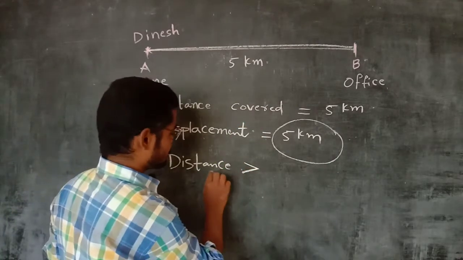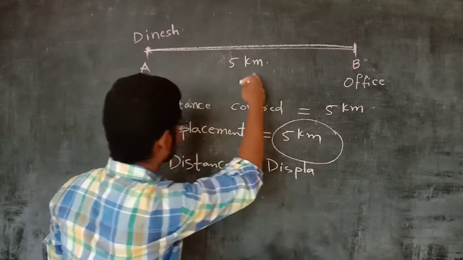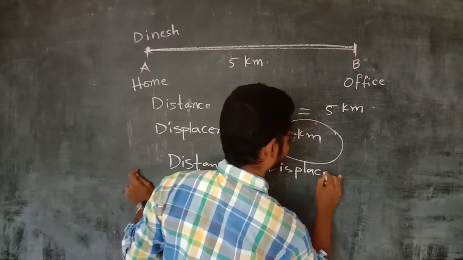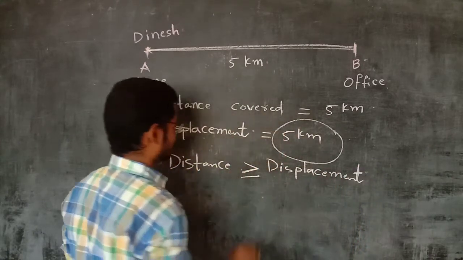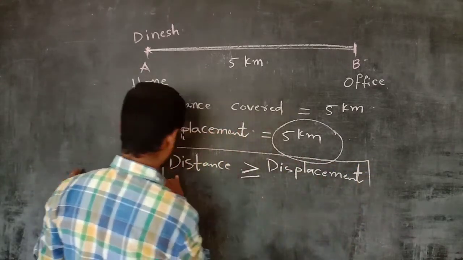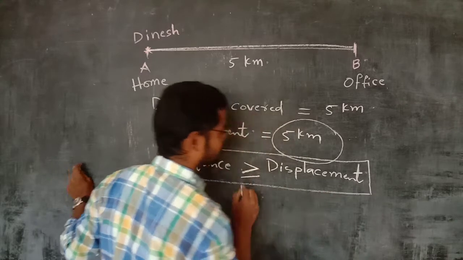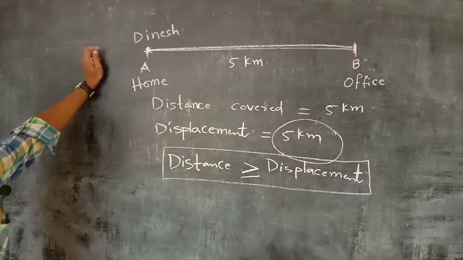So distance is always greater than displacement, and in some cases like in our Dinesh's case it may be equal also. So distance is always greater than or equal to displacement. This you must remember. Okay, now I will draw a tabular form. In that we will see what is the difference between distance and displacement and what are the units.